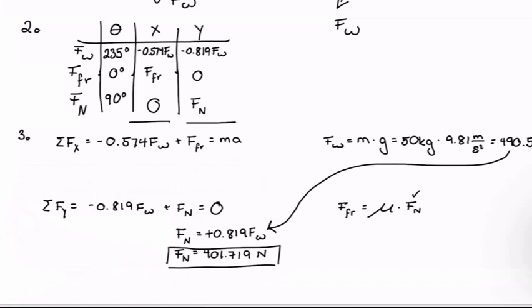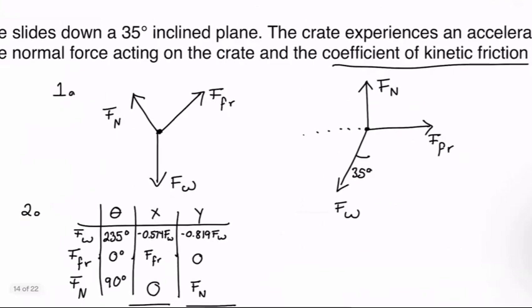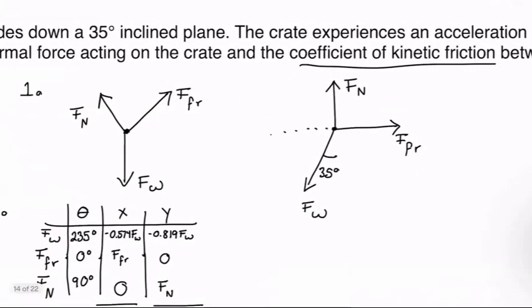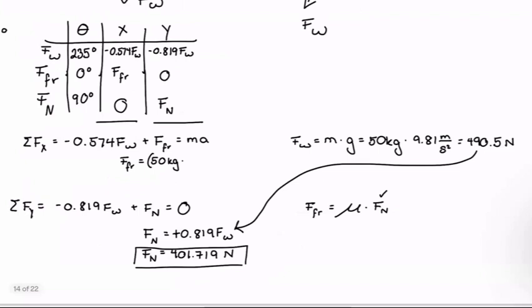So from here, I already know my weight, so I can isolate for friction. My mass is 50 kilograms. My acceleration, if I look up here, I think it says negative 2.5 meters per second squared. That plus 0.574 times 490.5 newtons is going to equal our friction.